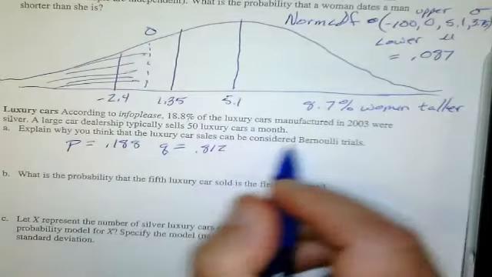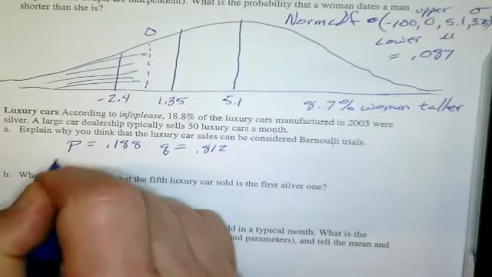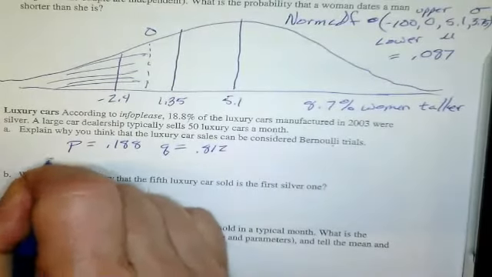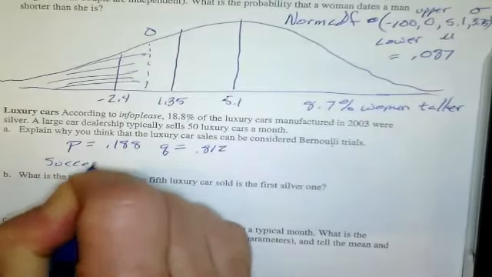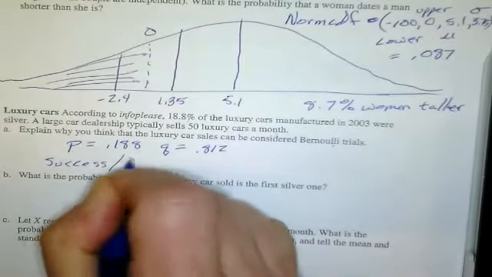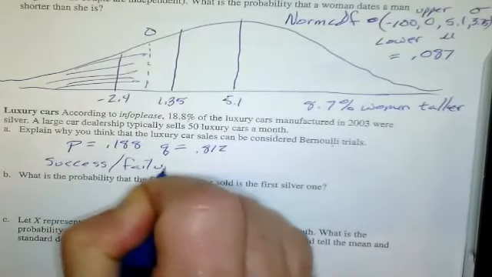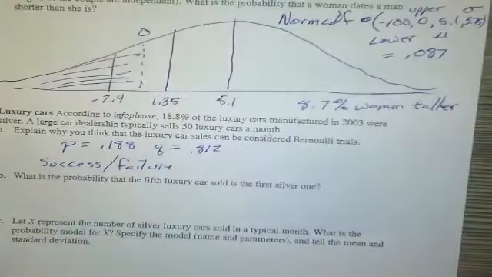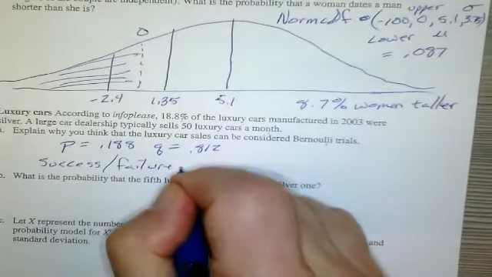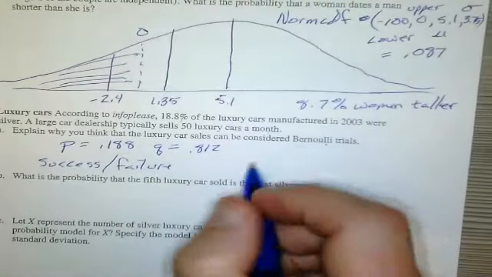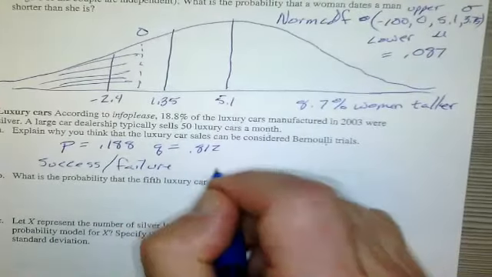Okay, explain why they consider Bernoulli trials. Okay, so success, failure. Either the luxury car is silver or it's not. Each one is independent.